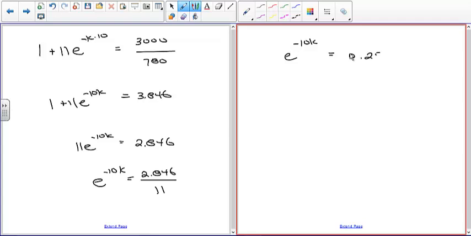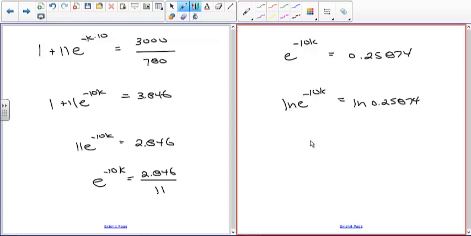So you get 0.25874, and then you take the natural log of both sides to get the variable out of the exponent.